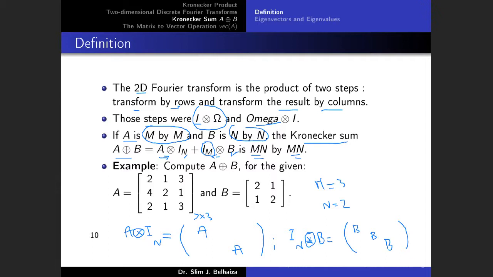So you get a 6 by 6, basically. And here you get also a 6 by 6, which means you can perform the sum. Got it? Is that clear? So now you can perform this, and basically this is the Kronecker sum.